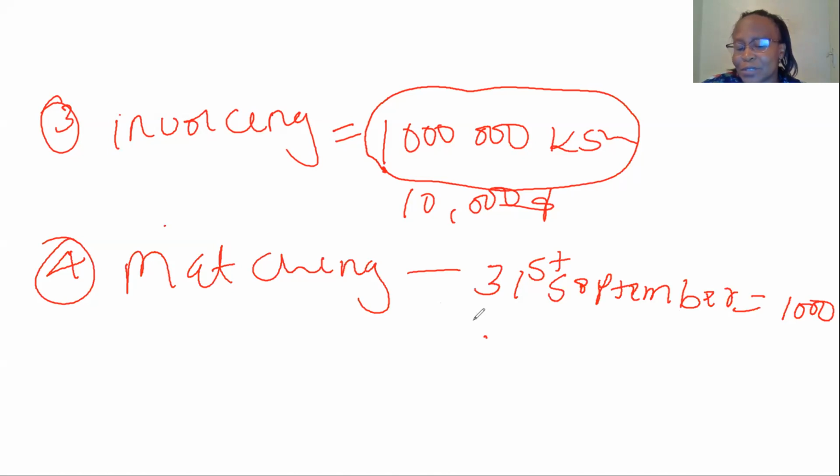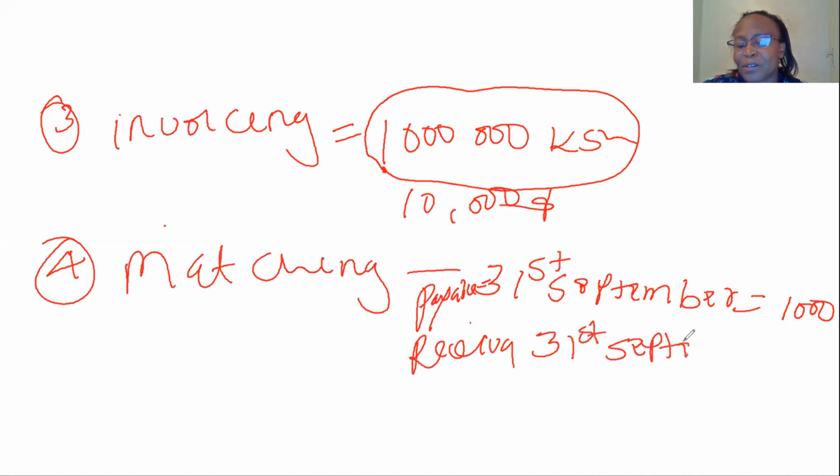I also issue an invoice to someone who should also pay. These are payables. I make sure I also have a receivable maturing the same date, of the same amount or more, maybe 15,000 US dollars. This was 10,000. I make sure that I have a receivable maturing on the same date.